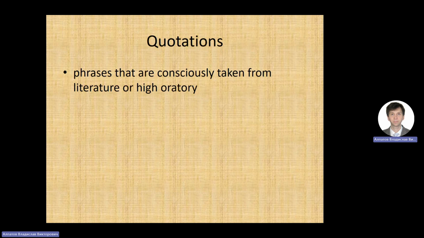Well, one more type of allusion, a direct allusion, is when we take words directly from some previous text. And they're called quotations. And of course, they are also expressive means of a language. They are phrases that are consciously taken from literature or high oratory.